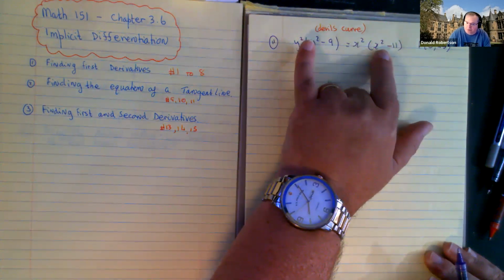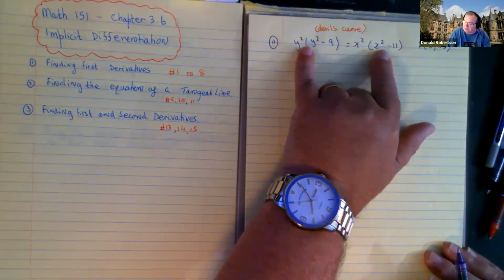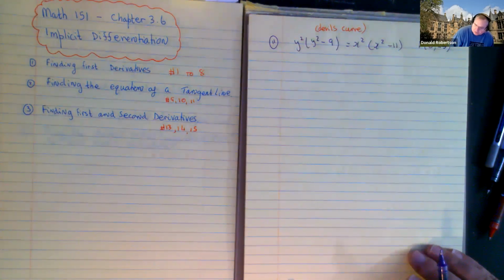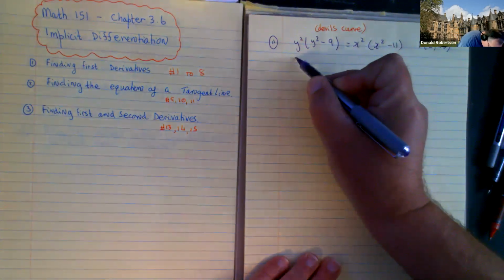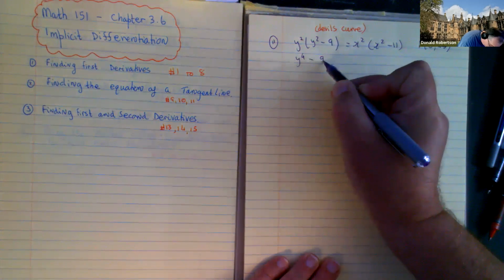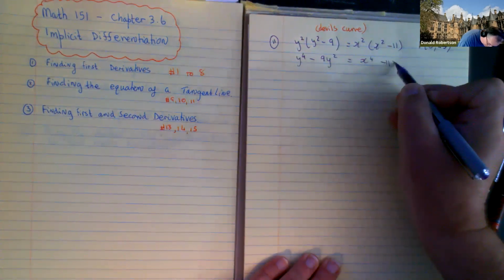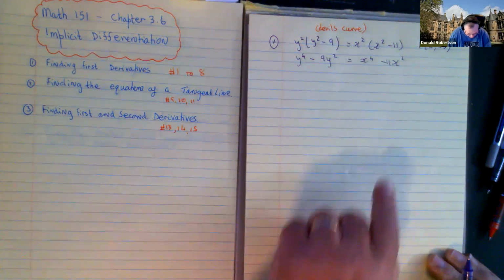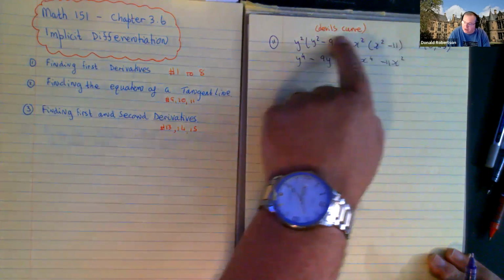And would you agree that's probably going to be really ugly on the left-hand side? And so I'm thinking to myself, I want to avoid that. So what I'm going to do, because these are not that bad, is I'm going to distribute them. I hope you agree that that's easier and less work to differentiate than that guy is, right?